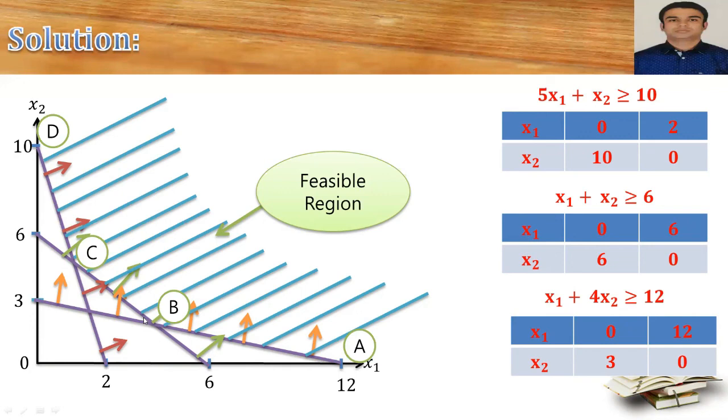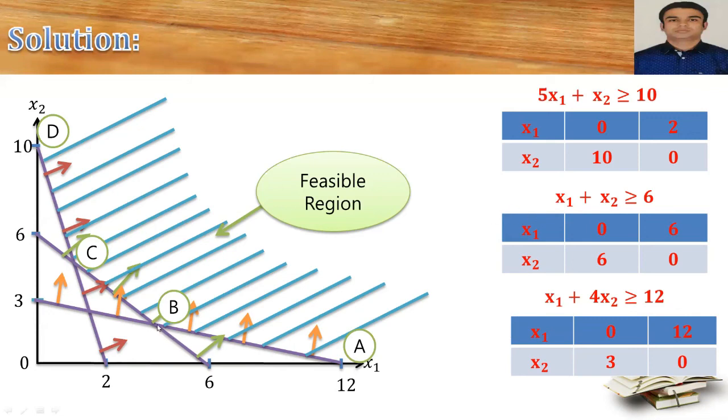The value of B is the intersection of the second and third lines, meaning x1 plus x2 equals 6 and x1 plus 4x2 equals 12. Solve these two line equations and find the values of x1 and x2.